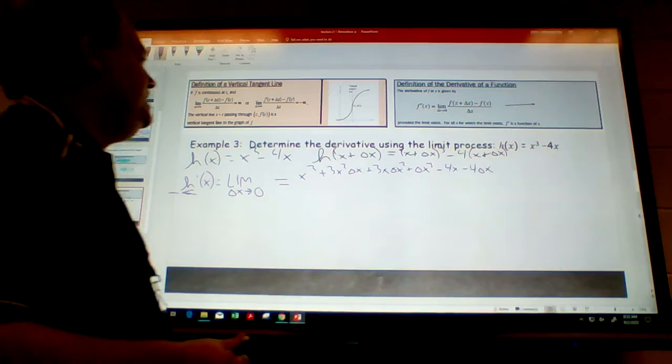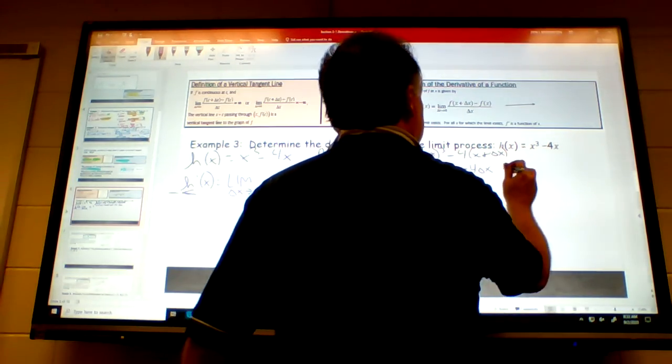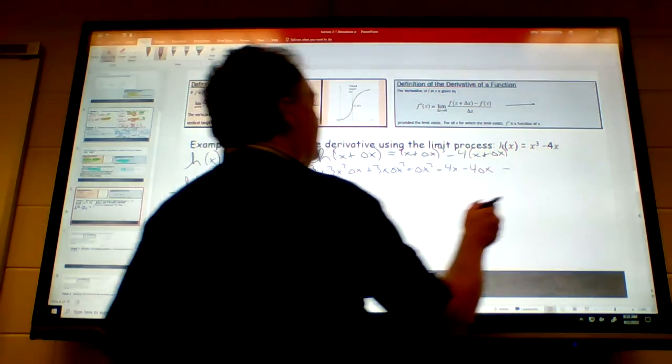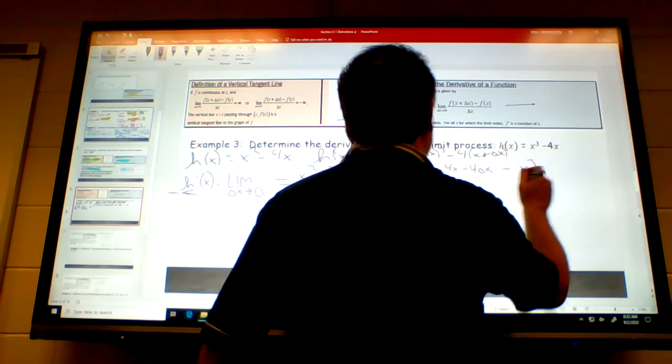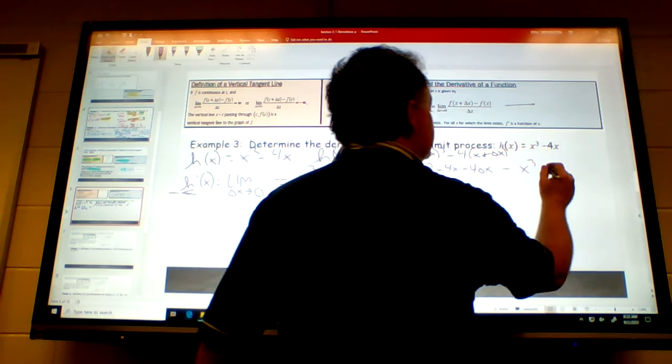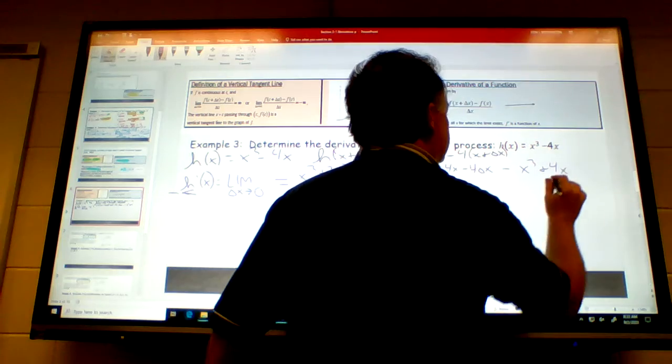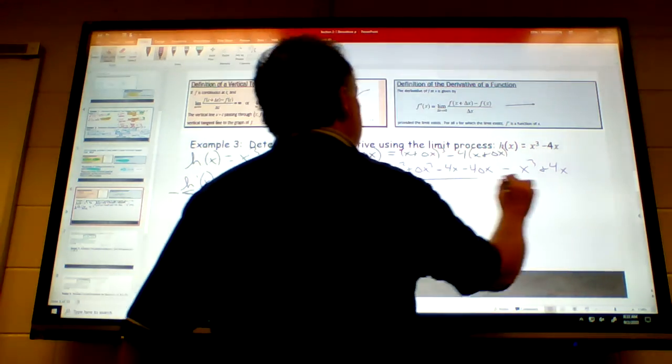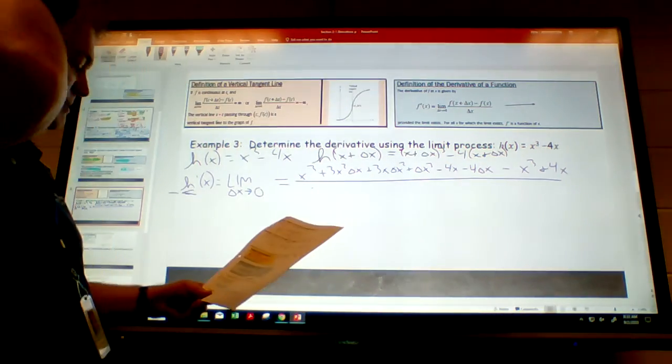Then minus h of x. Minus this, so minus x to the third. Minus minus makes it plus 4x. And that's all over, in this case, delta x.